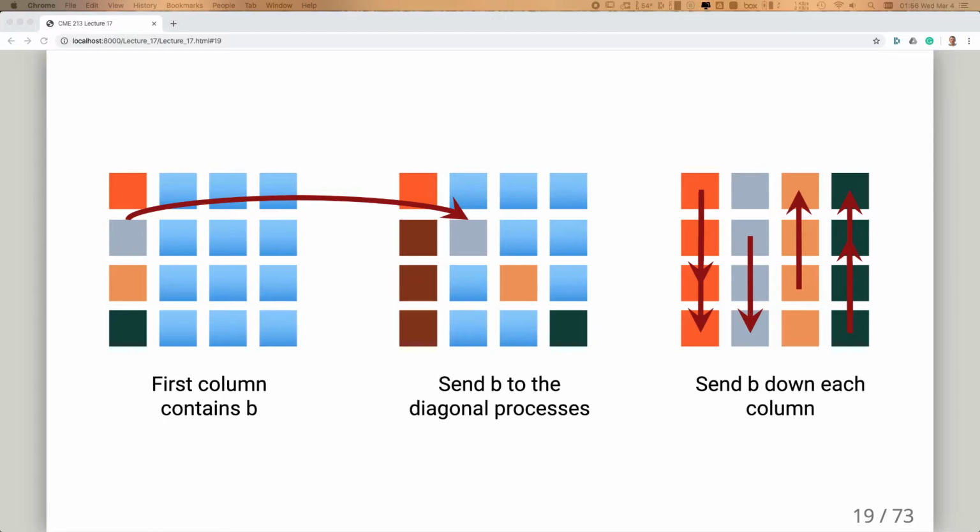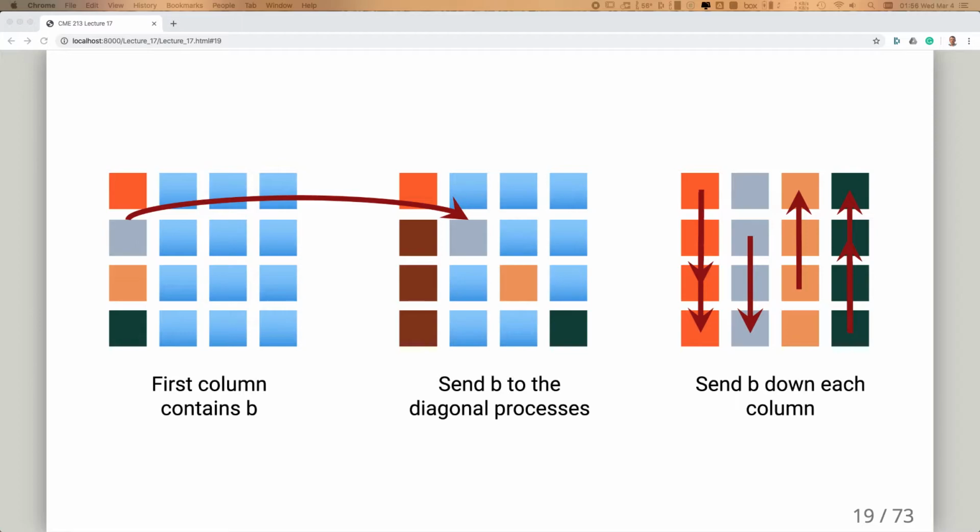Essentially the steps are as follows. When you do this blocking, things become a little more complicated, and you'll see in homework 5 you have a similar situation. The vector B is one-dimensional; it's just a vector, whereas you have this 2D partitioning. So in principle, it's not reasonable to assume that B is stored in every process. Instead we're going to assume that, for example, B is only stored in the processes with j equals 0.